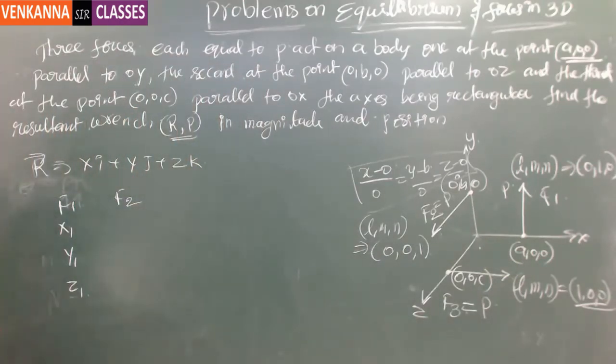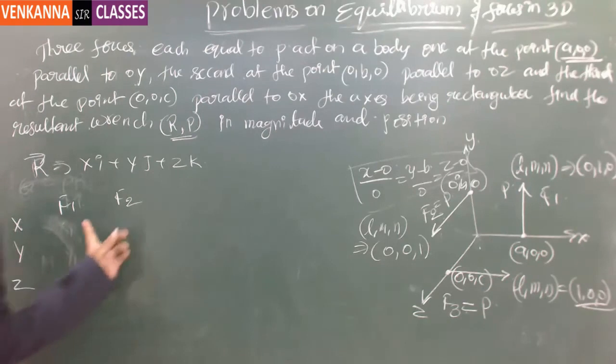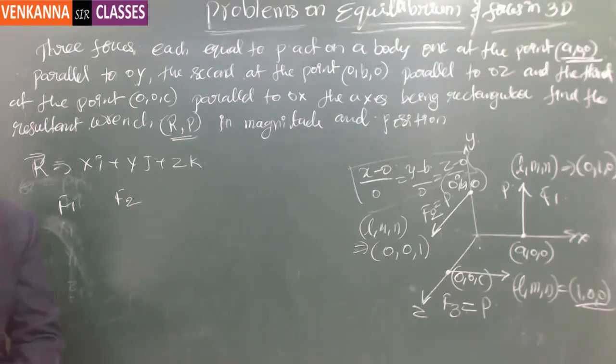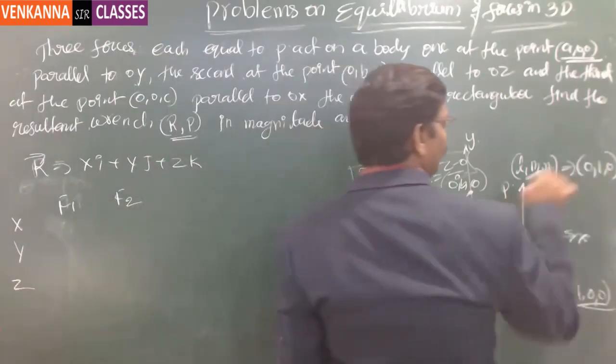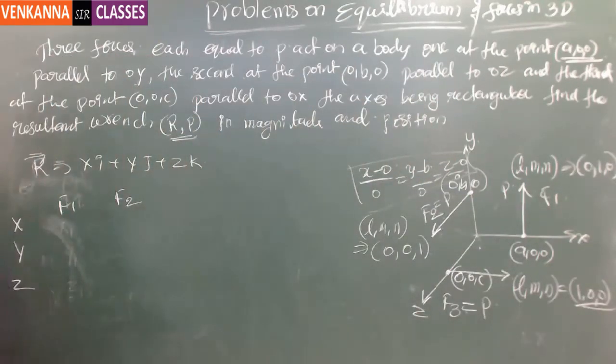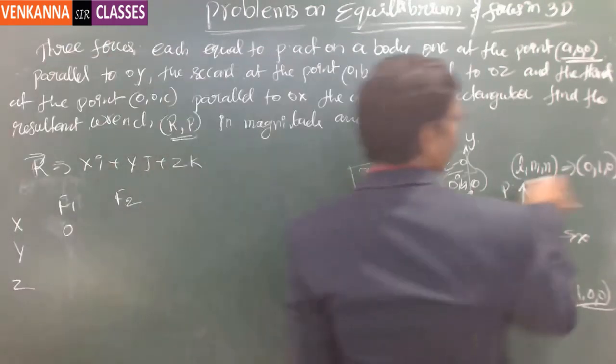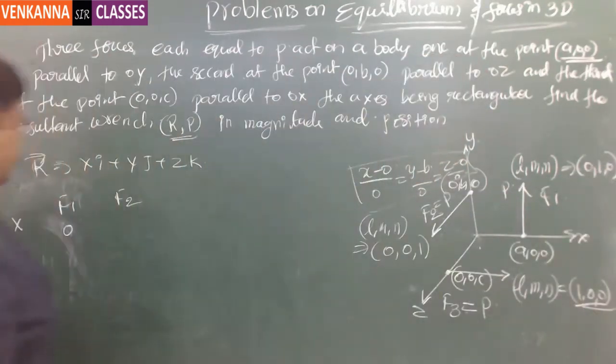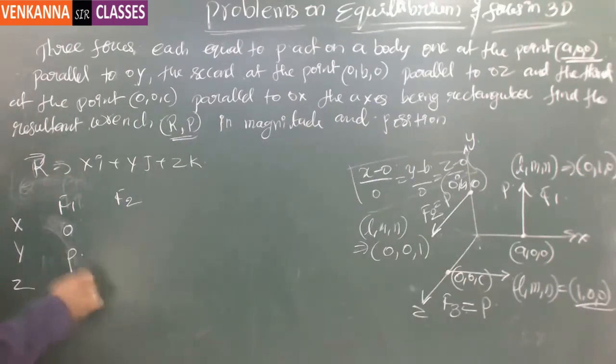Now the component of F1 along the x-axis is how much? What is the x1 value? It should be 0. As a blind rule, you can multiply this P with these direction cosines, that's all. So P into 0 is 0, the y component is P into 1, that is P, and the z component is 0 again.